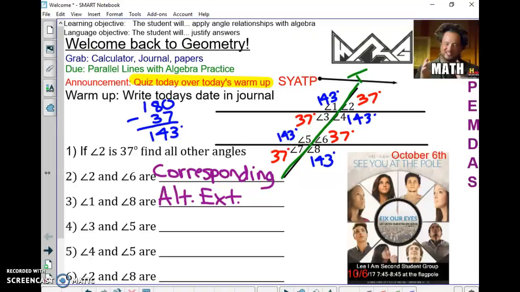So 3 and 5, are these interior or exterior? Does it make sense why they're interior? They're between the parallels. And are they on the same side of the transversal or alternate? 3 and 5 are both on the left of the transversal. They're same side, and they're between the parallels, so that's same side interior.